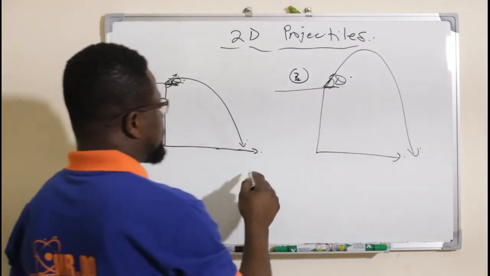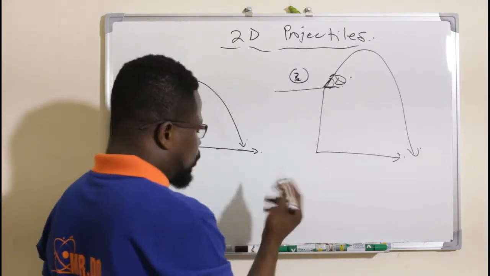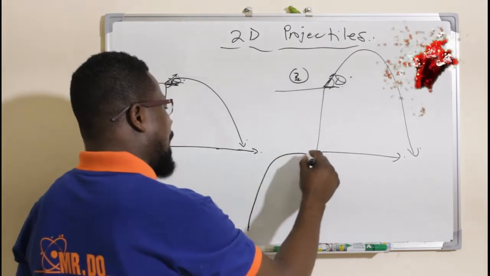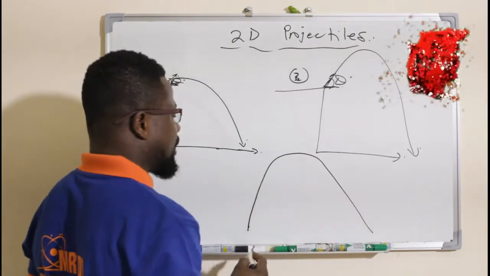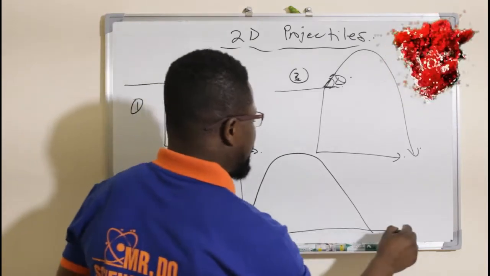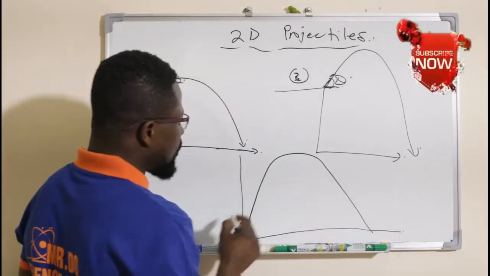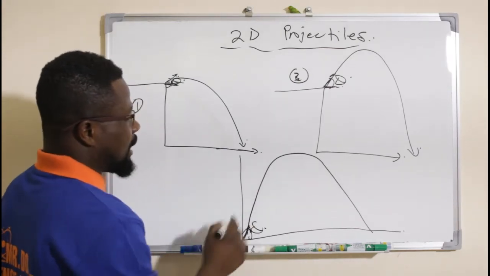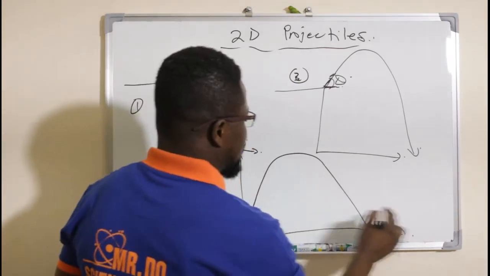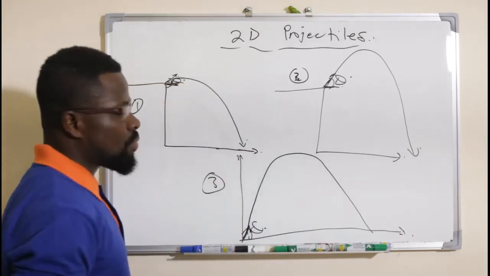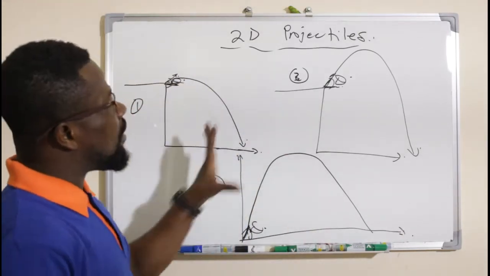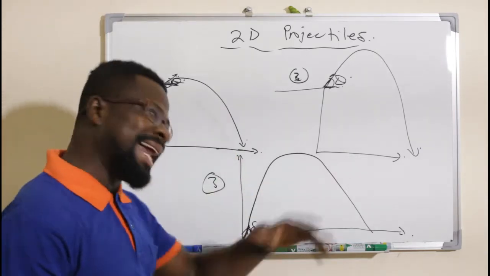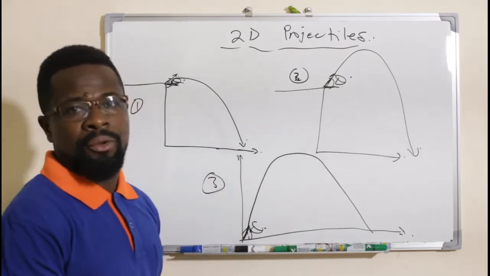The third one that we can have is a situation where maybe the thrower is on the ground and projects or launches an object up, and it goes up like that and then returns back into the ground. In this case again there is a certain angle at which it is being projected. In each of these cases we can deal with the calculations, and that is the kind of problems that we are going to solve today.